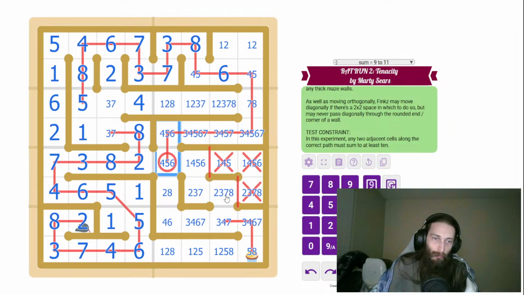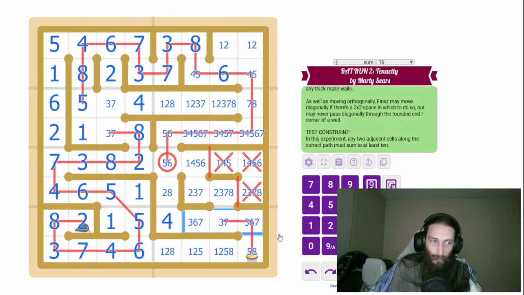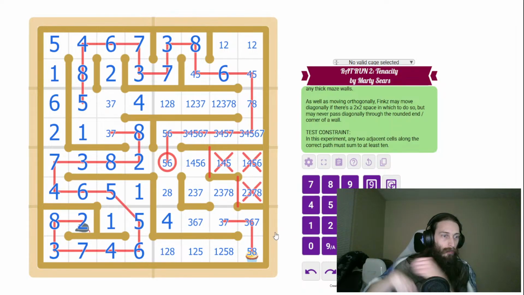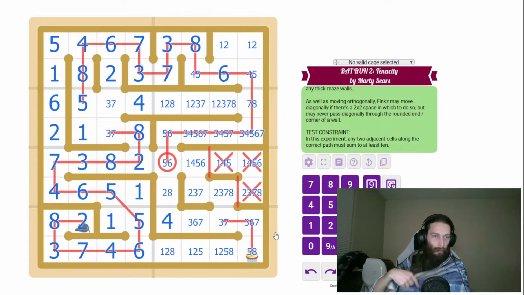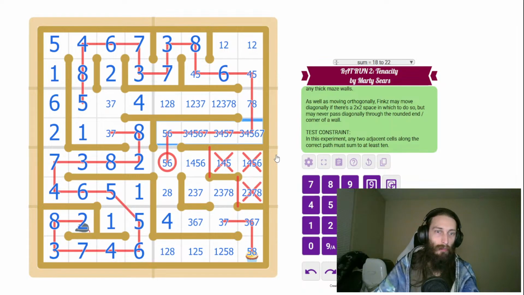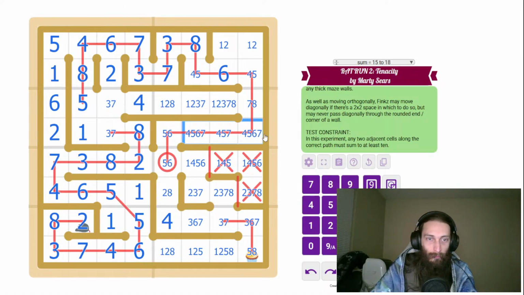Well, we know one of these two is a 6, because they can't be a 4-5 pair. So this is the 4. That makes these a 5-6 pair. 4s are gone. The 3 in row 4 cannot go on the long line in box 4 because it would need a 7 next to it, and there's nothing for the other side.